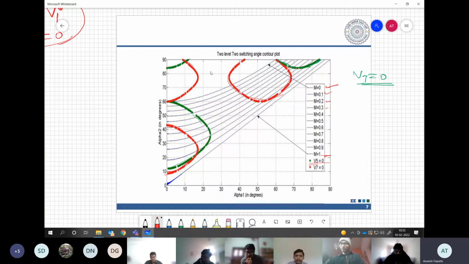Now we are getting some solutions on this side of the graph as well. Obviously, we know that our modulation index is 1 here and then going to 0. So what this zone corresponds to is basically a negative modulation index.